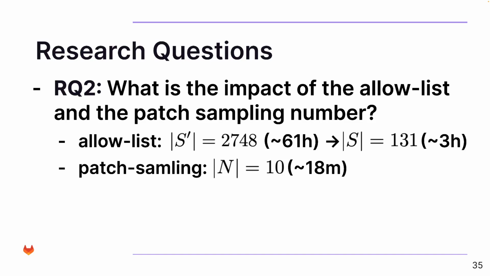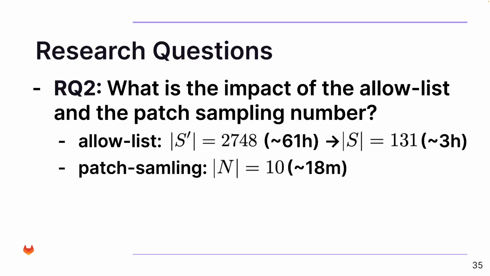If you assume that every single commit replay takes on average maybe 1 minute, maybe 20 seconds, it would have taken basically 61 hours to replay the slice. By using the allow list, we could reduce the slice size to 131, so that we could replay the whole thing within 3 hours, which is already pretty good. So you could run such an experiment while building out the feature within 3 hours.